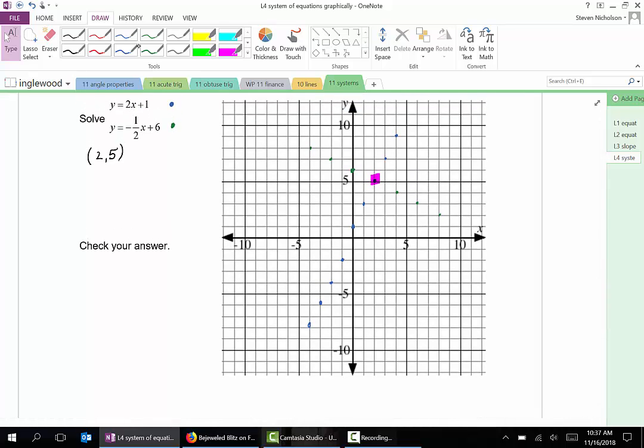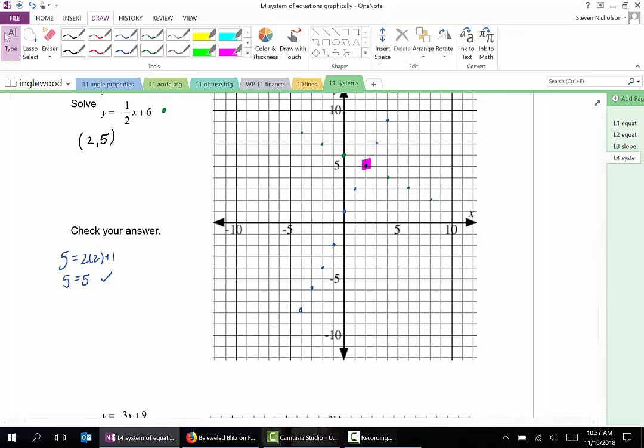We always want to make sure. So with my blue, again, I'll color code it blue. 5 is equal to 2 times 2 plus 1. 5 is equal to 5. Absolutely. And if we did our green, 5 is equal to negative 1/2 times 2 plus 6.